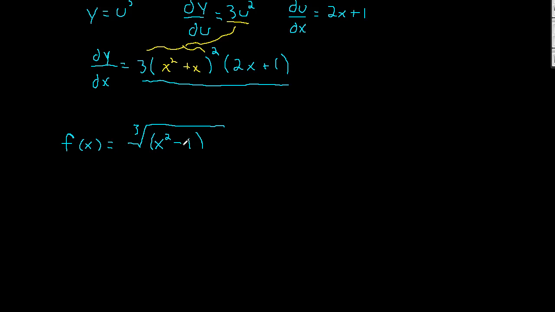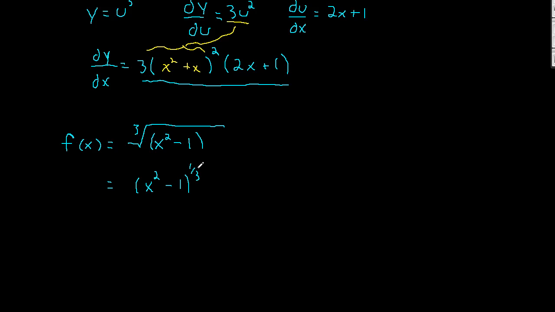Or more importantly, what's my outside function? My outside function, remember, is the last thing that you're doing. And the last thing we're doing here is we're taking the cube root of this inside function. So, before I take the derivative of this thing, I'm actually going to rewrite it. And I don't like cube roots, but I do like rational roots.